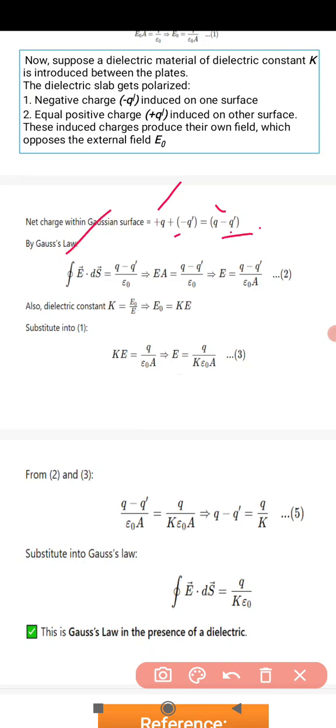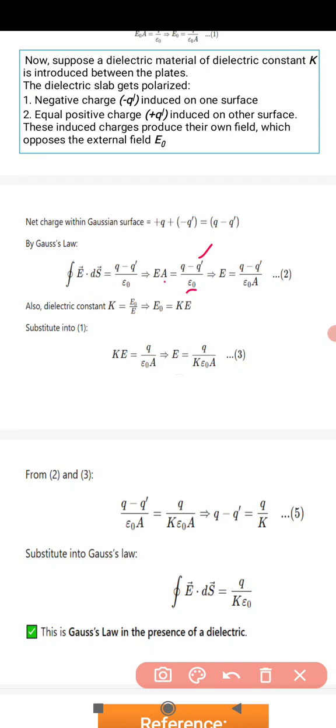From Gauss law, the integral of the electric field flux over the surface equals the net charge, that is Q minus Q dash divided by epsilon naught. So E into the integral of the surface element, which equals the area A, is equal to Q minus Q dash divided by epsilon naught.